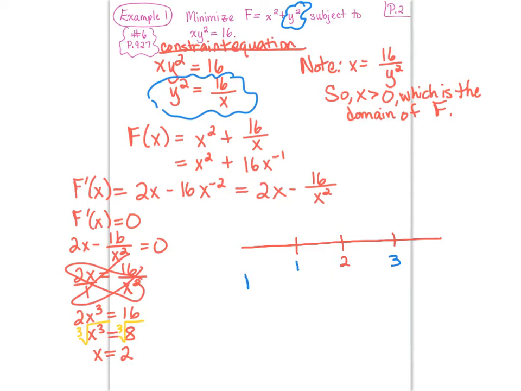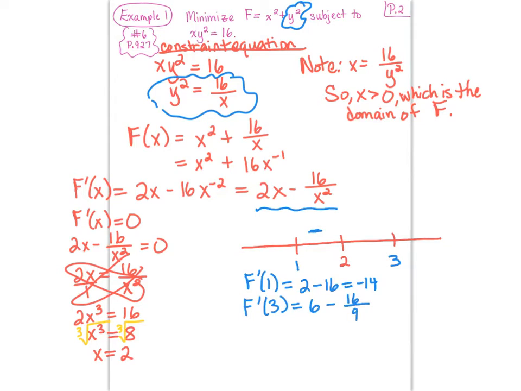F prime of 1 is equal to 2 minus 16, which is negative 14. So it's negative. Then f prime of 3 is equal to 2 times 3, which is 6, minus 16 over 3 squared, which is 9.